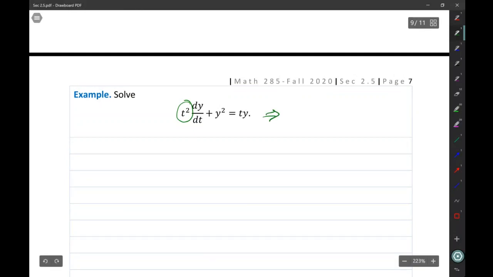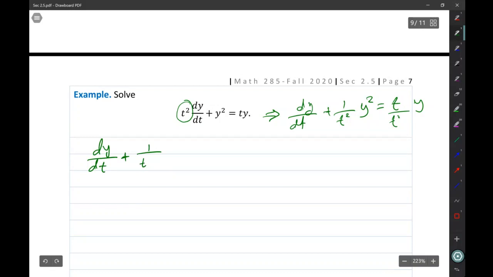So this becomes dy/dt + (1/t^2) y^2 = (t/t^2) y, which means we have to solve dy/dt + (1/t^2) y^2 = (1/t) y.